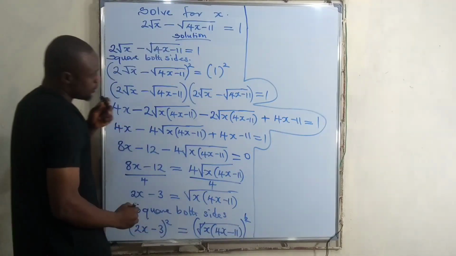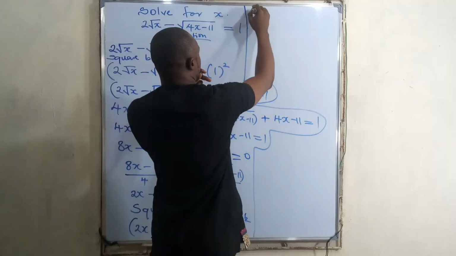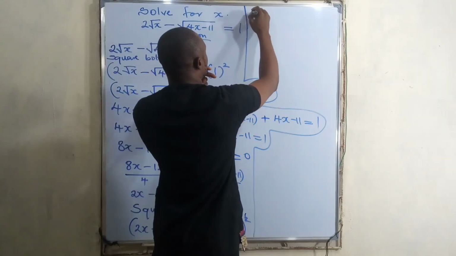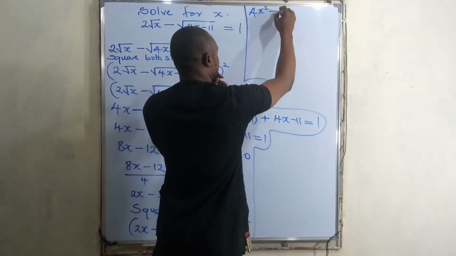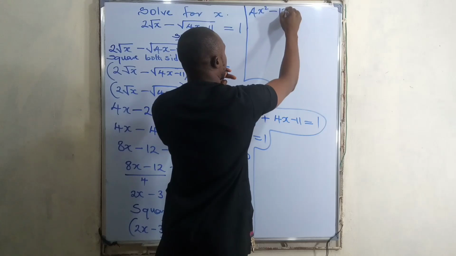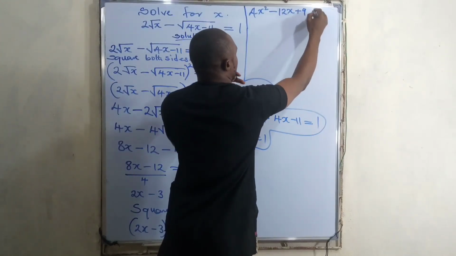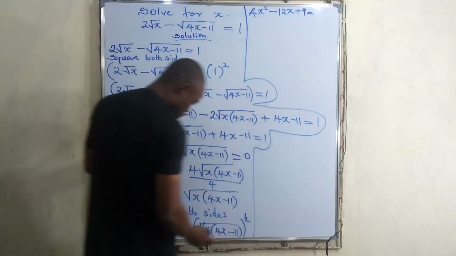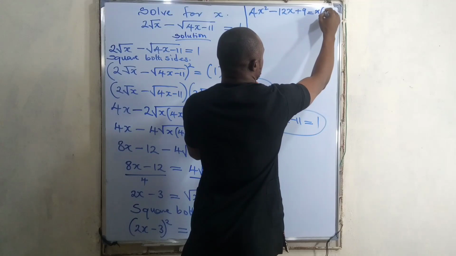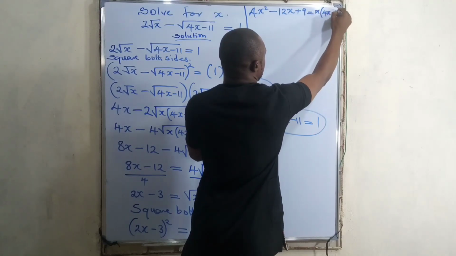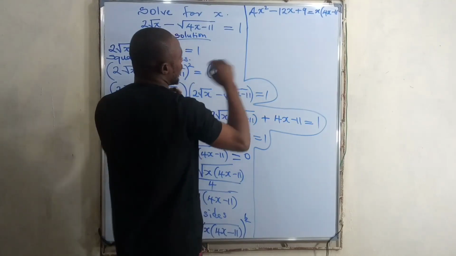So this is it. So basically the left hand side is 2x squared, which is just 4x squared, minus 12x plus 9. What happened there is we have 2 times 3, which is 6, times 2 is 12. And that is equal to what we have at the right hand side.